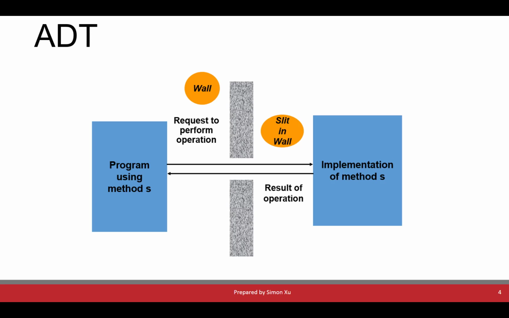However, there must be a slit in the wall so that requests and results can be passed through the slit into or from the method. Users of the abstract data type must know what the task is and how to initiate it, however, the users cannot know how the task is performed.